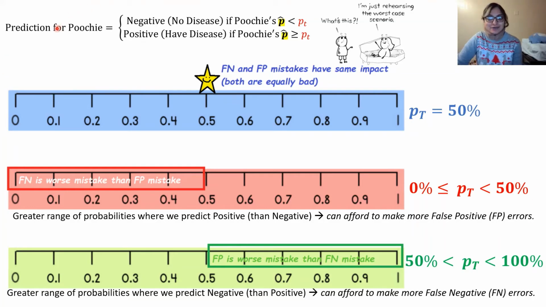And again, I just wanted to show you that the predicted probability of the patient having the condition is what this P hat represents. And again, this is the worst case scenario. If we had to make mistakes, what would we prefer? If our threshold is 50%, we have no preference. If it's less than 50%, we would rather make more false positives than false negatives. And if it's greater than 50%, we would rather make more false negatives than false positive mistakes.